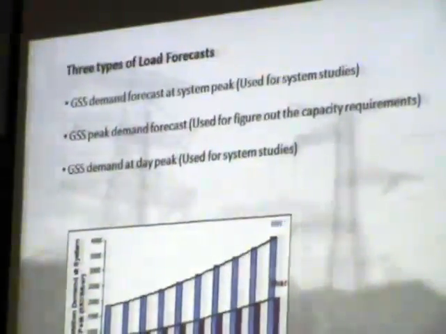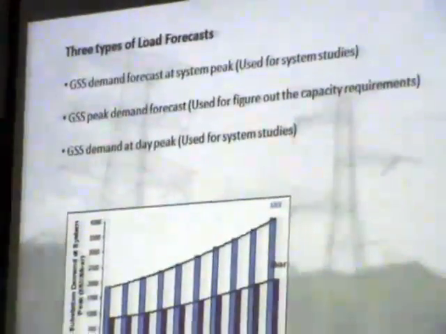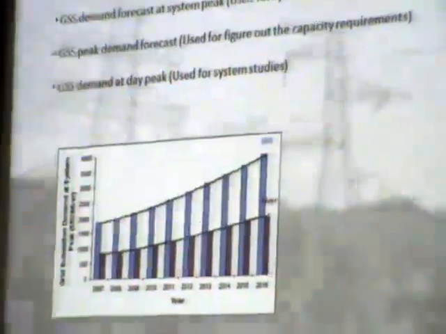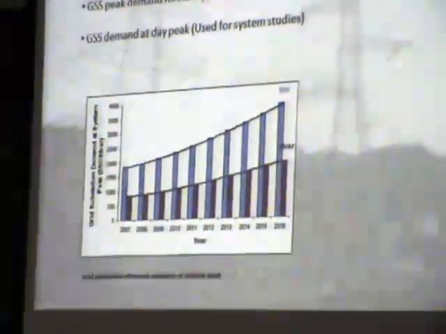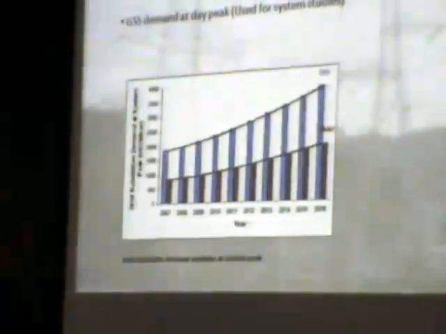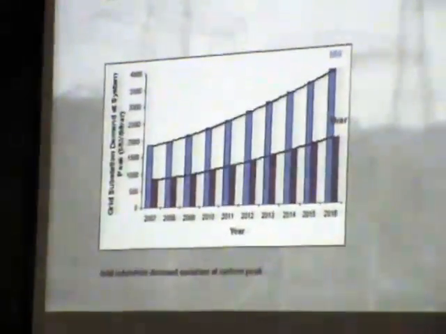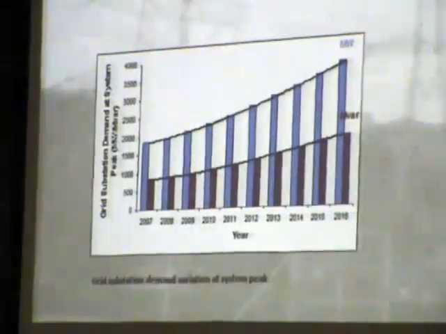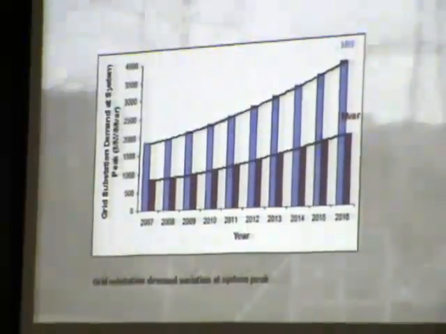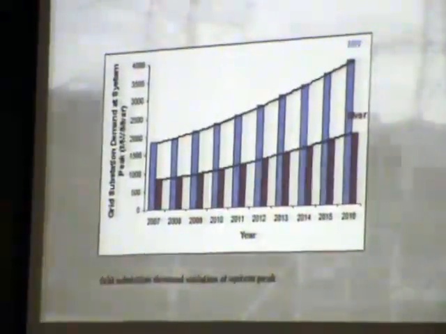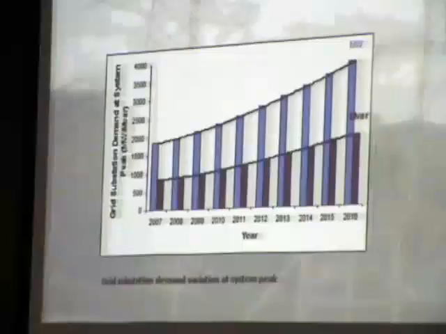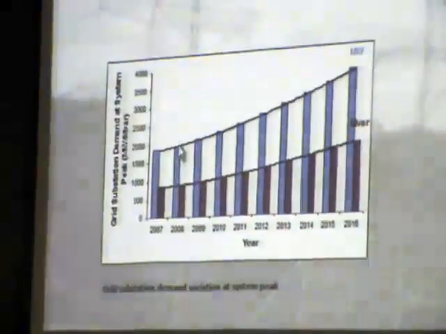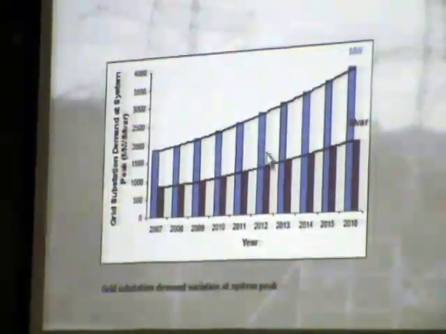So combining these two, we prepare the peak demand forecast. It is just to figure out the capacity requirement, and the day peak demand forecast. This is our demand forecast at time.